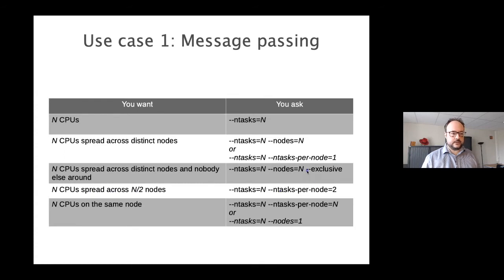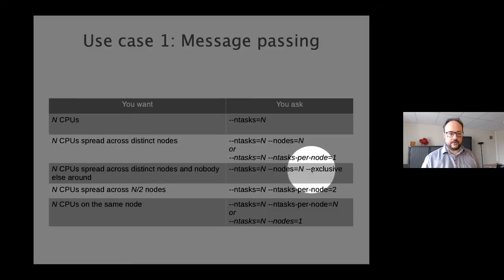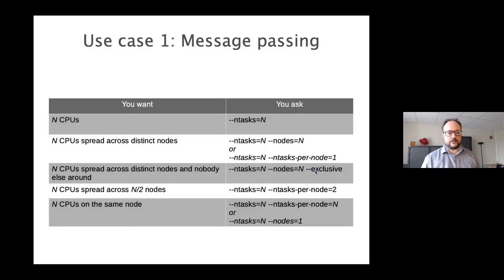You can also use the --exclusive option here, which is a way to tell Slurm that you don't want to share the nodes with other users. By default, on all the CC clusters, the nodes are shared among jobs. So you can request an individual number of CPUs, but sometimes for stability reasons or for performance reasons, you want only your job to be allocated to the nodes that are dedicated to your job.